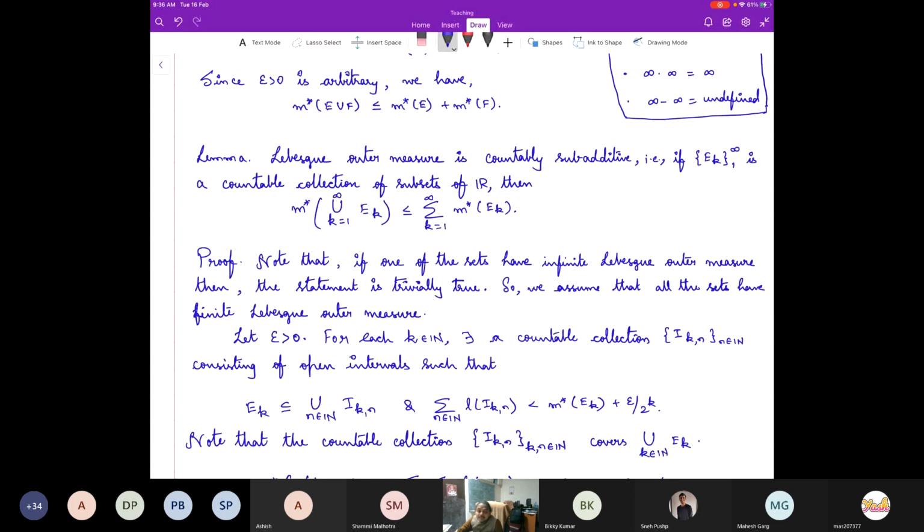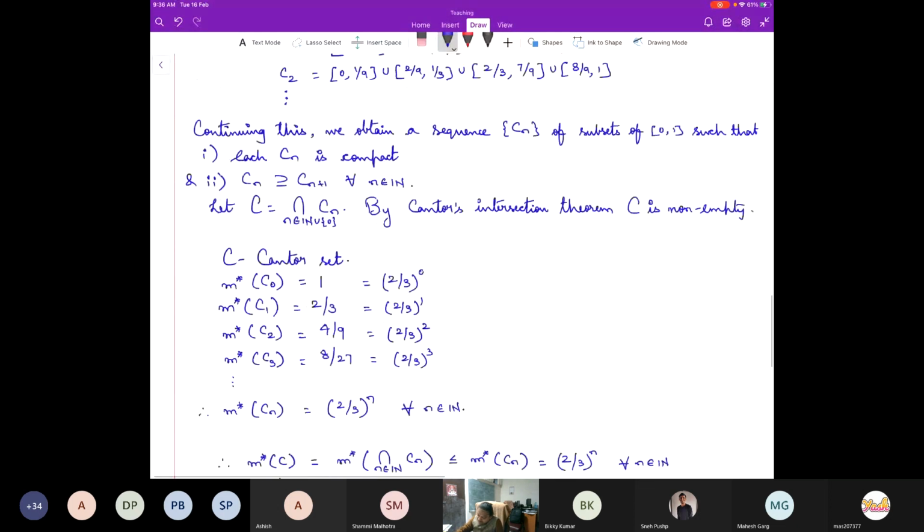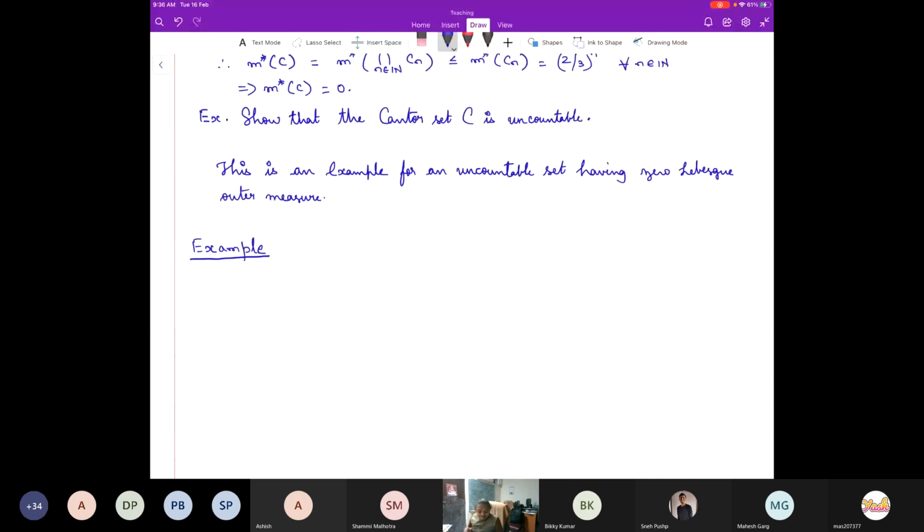Will I get an equality? Let's see if that is true or not. In fact, the answer is no. Here is an example. The example is a bit difficult, but still please spend some time on understanding. On R, define a relation tilde as follows.